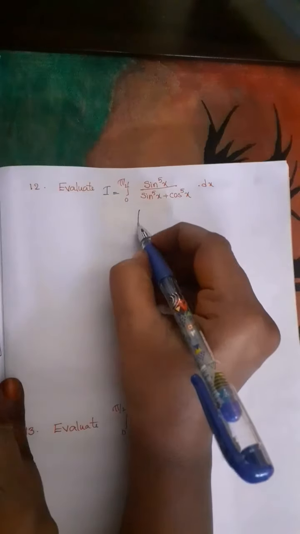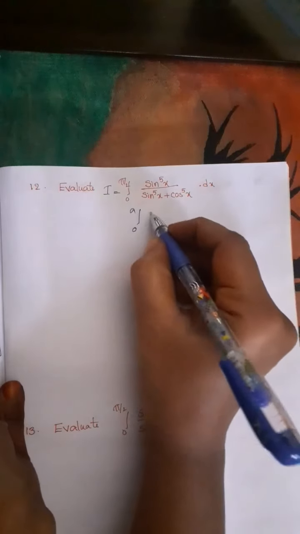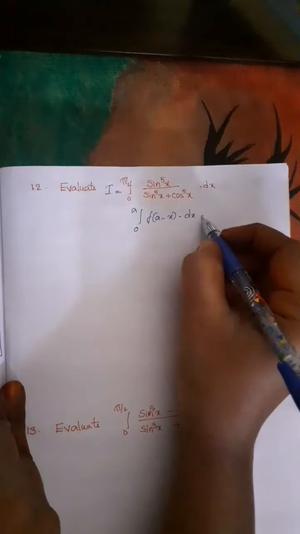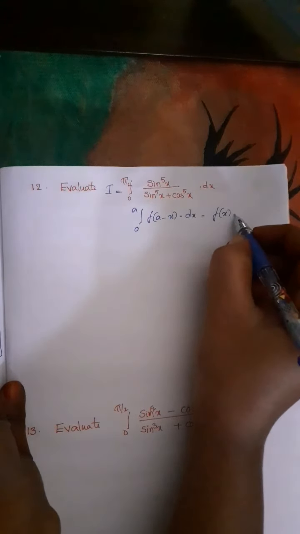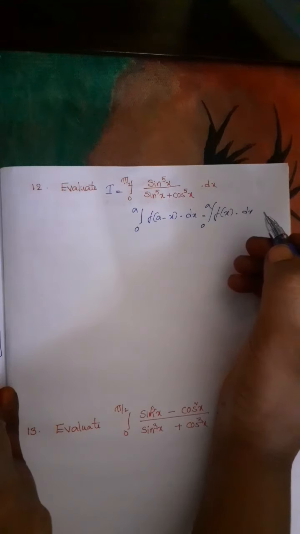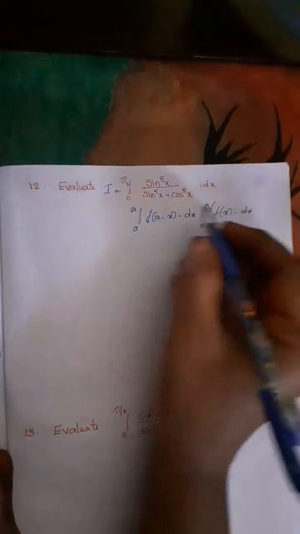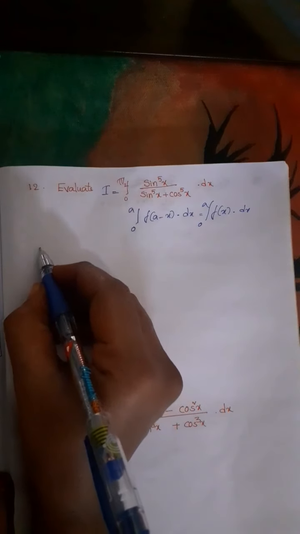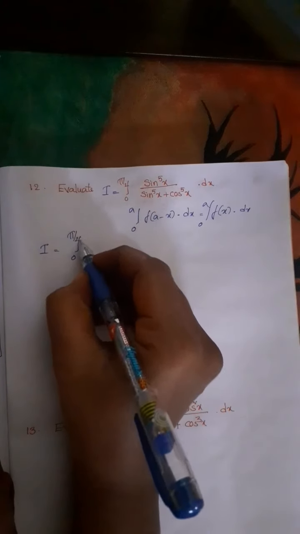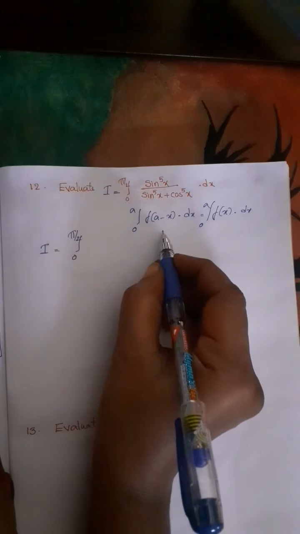We have a formula that the integral over 0 to a of f of a minus x dx is equal to the integral over 0 to a of f of x dx. So you can apply this formula here. Now I is equal to the integral over 0 to pi by 2 of f of a minus x.